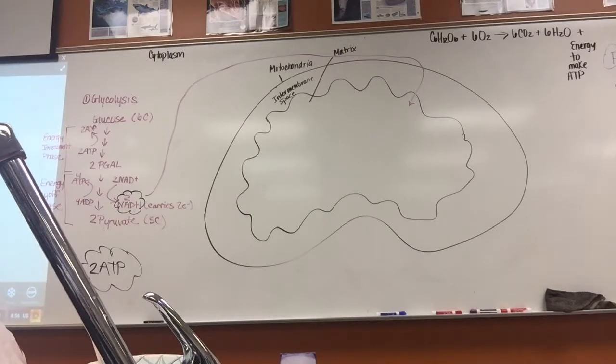Number 5, does pyruvate have more or less potential energy than glucose? And so then we look here, and pyruvate actually is at a lower point than glucose, and so it has less potential energy than glucose.